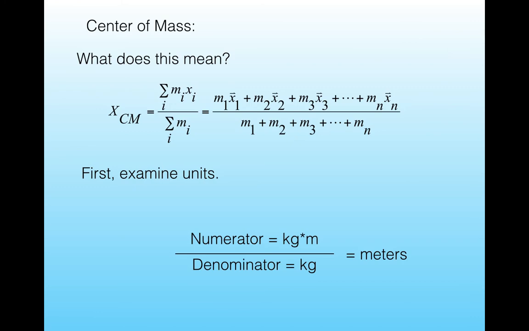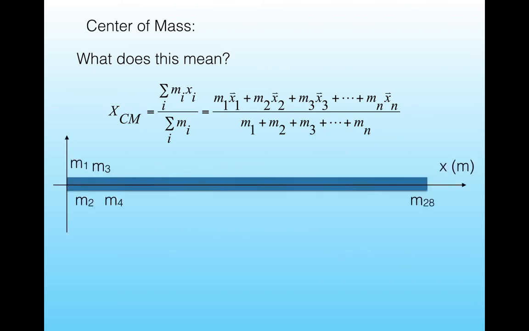Does this make sense? It's supposed to be a position where all of the mass is concentrated. It makes sense for that position to be measured in meters. It's a distance. If we want to calculate this out, it can be a little confusing because if you think of a meter stick, you intuitively know that the middle of the meter stick is where the center of mass is, and yet how do you apply this equation to that?